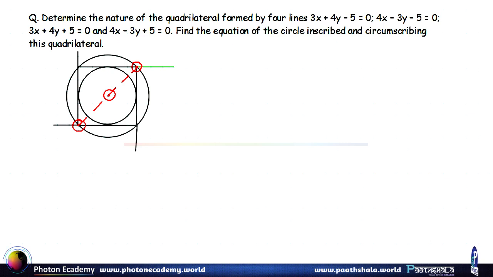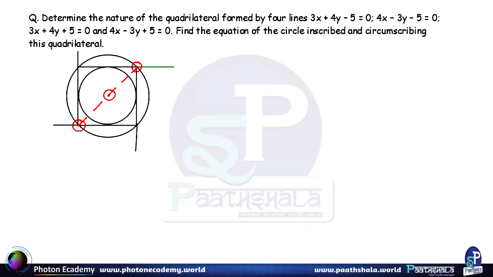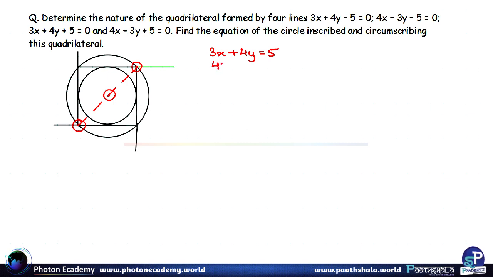So let's do it for the first and the second equation. So that will be 3x plus 4y is equal to 5 and 4x minus 3y is equal to 5.